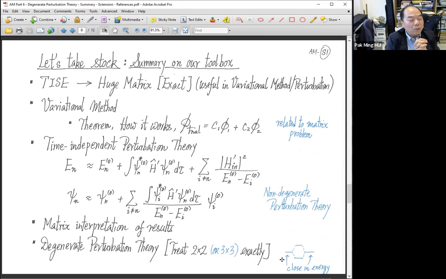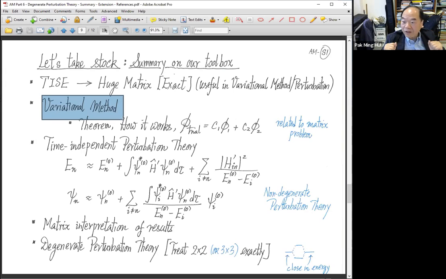So let's summarize what we have in our hands, the toolbox. We start off empty with a few exactly solvable problems from last term. I assume you know the exact solutions to the infinite well, harmonic oscillator, hydrogen atom, and the rotor. Okay? If you don't, review that. So we have this toolbox. Then we fill it in with the variational method.